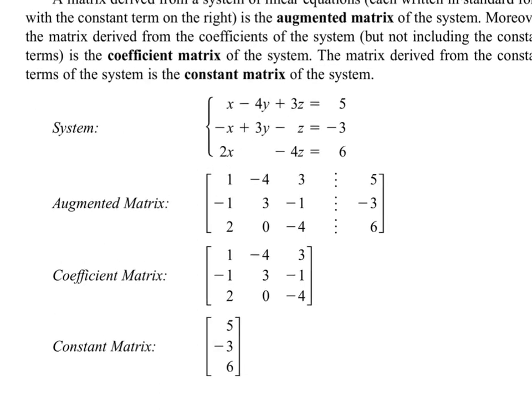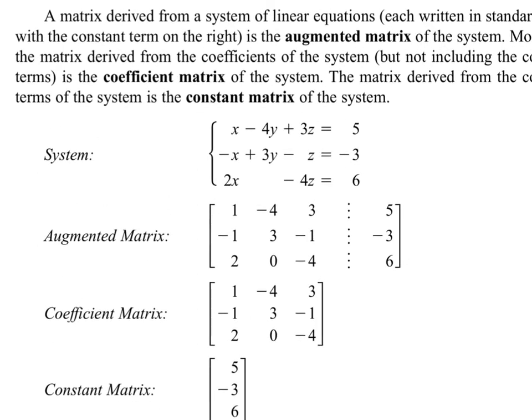Next, we're going to be given a system of equations, and we take all of our coefficients in that system of equations and put them into our augmented matrix. So this here is an augmented matrix. We take the coefficients of our x's, our y's, and our z's, and then our answers, and we just put them into our matrix.